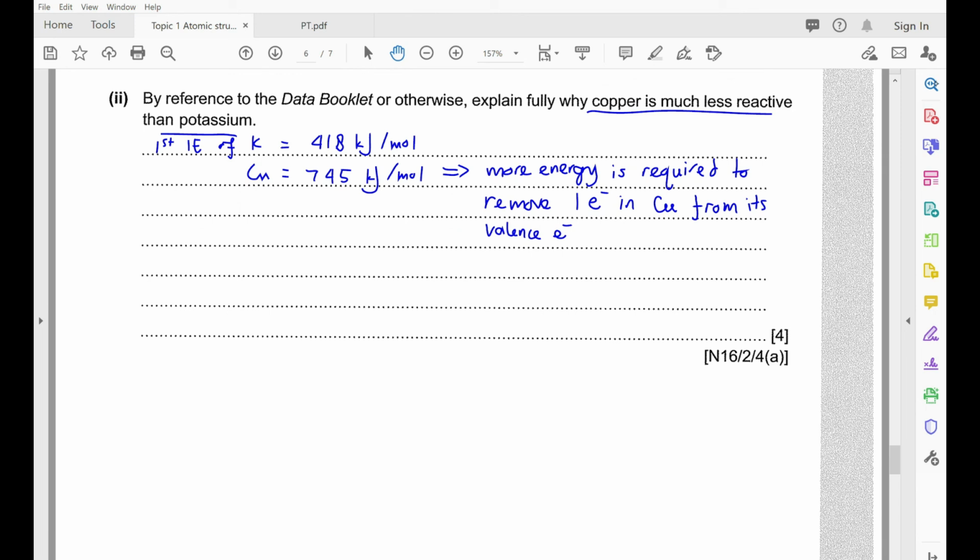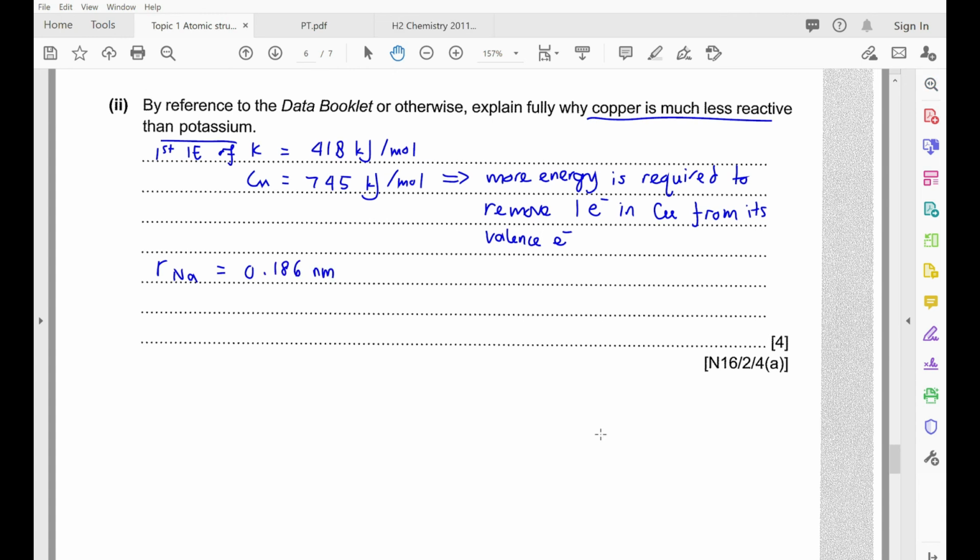Another piece of data that you can find in the data booklet would be the radius of the atom. The radius of sodium is 0.186 nanometer. Now the data booklet doesn't give us the radius of potassium, but the radius of copper is 0.117 nanometer.